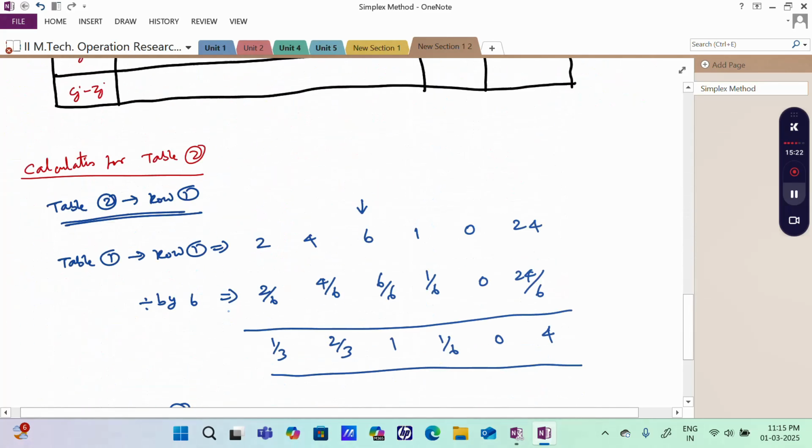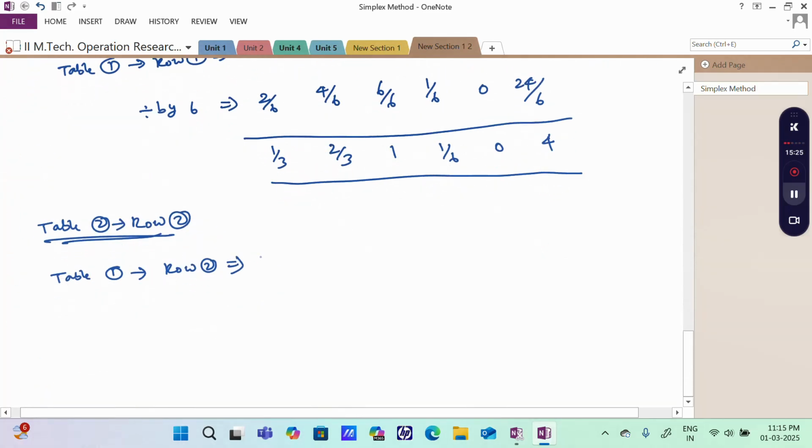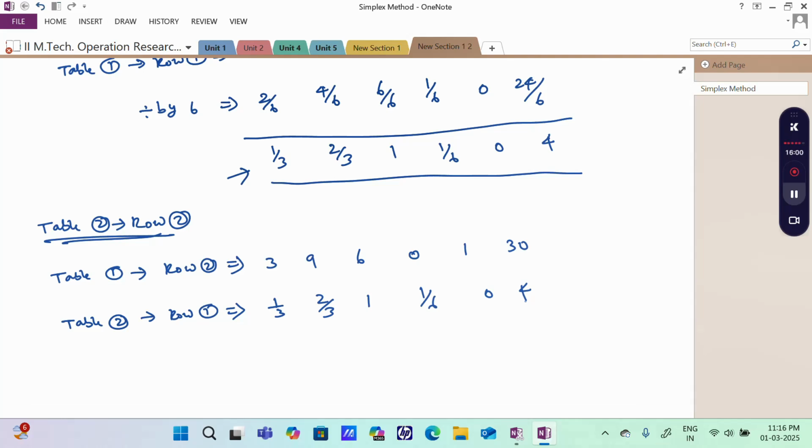Now the new value is table 2, row 1: 1 by 3, 2 by 3, 1, 1 by 6, 0 and 4. So we have the previous table's second row value and the new value, in order to calculate the table 2, row 2 value.